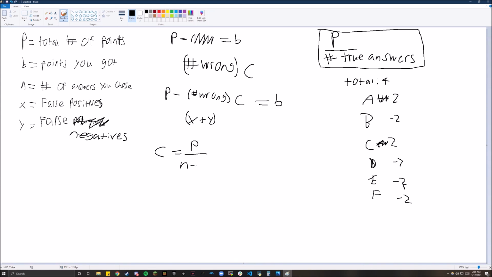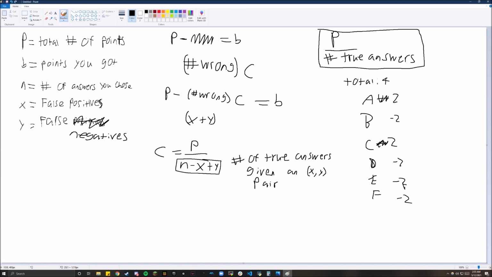If we subtract from that the ones that you got wrong, that's X, and then we add the number that you didn't choose but they were right, this right here is the number of true answers given an X, Y pair.